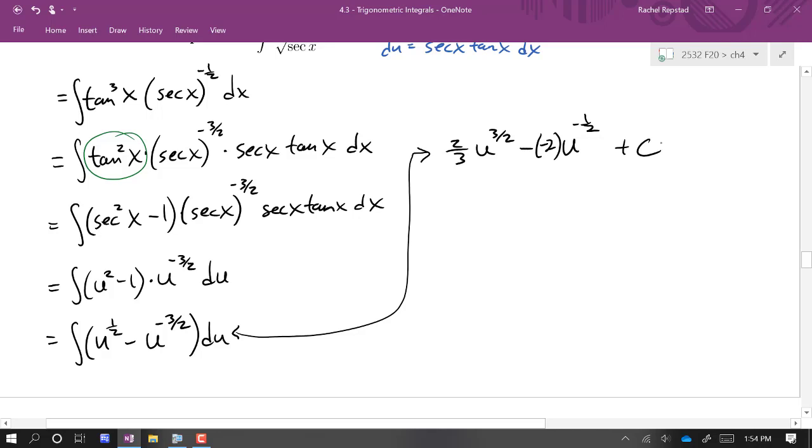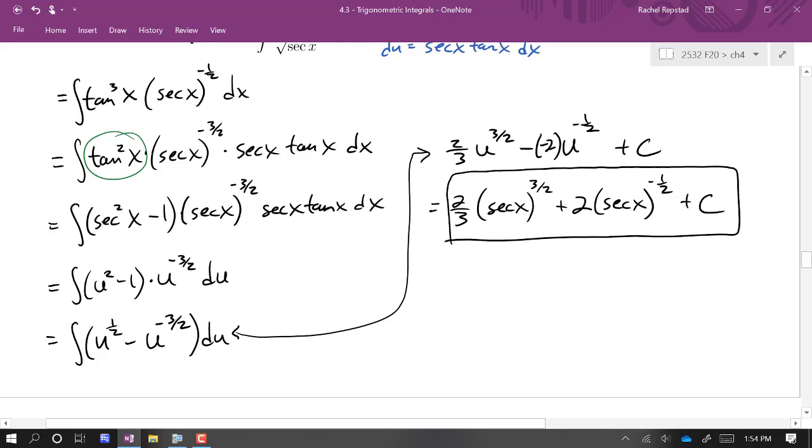Now I'm just going to clean this up, put the secant x back in for u, and this will be 2/3 times secant x to the 3/2 plus 2 times secant x to the negative 1/2 plus a constant. And there is our integral.